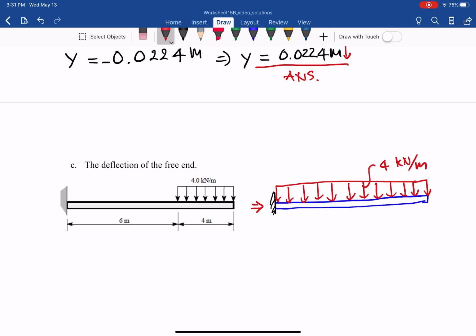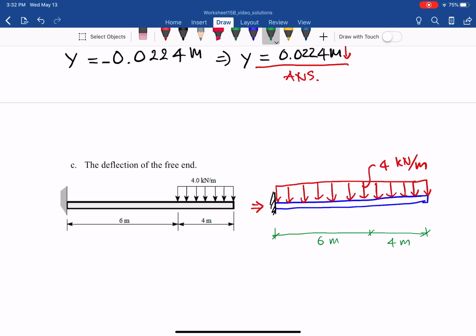Of course, they are not equivalent, right? They are not equivalent for now. So let's put some dimension in here: 6 meter, 4 meter. For now, it's not equivalent yet. They are not the same.